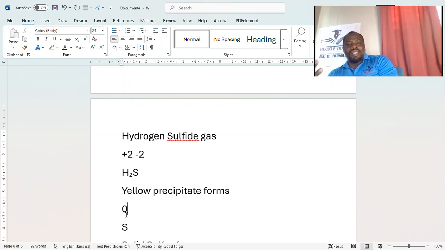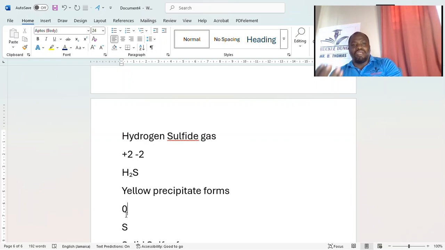So again, if you notice all of these, whether the reducing agent or the oxidizing agent, everybody has a different observation. And so it's the observation that you are given that will help you to determine if you're dealing with a particular reducing or oxidizing agent.